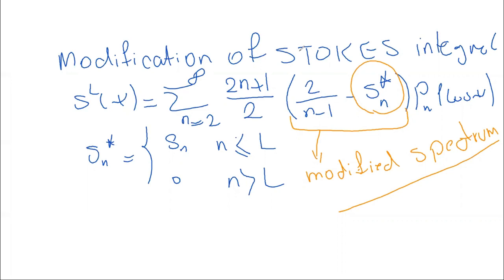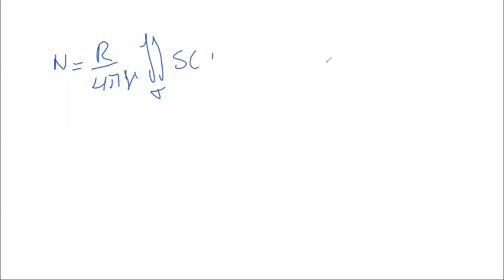So let me start again. Therefore, I will write it like that. N is R over 4 pi gamma, integral of S_L times delta g d sigma. But there is a problem here. Let me write it again in another way to explain it better.